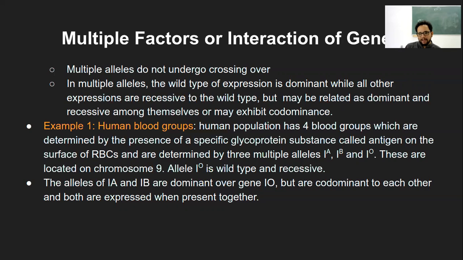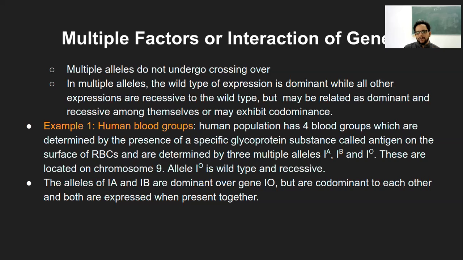So the human population has 4 blood groups, A, B, AB and O, which are determined by the specific presence of the glycoprotein substance called antigen, which we have denoted by A and B, not C. On the surface of RBCs they will express a particular antigen, and that's why they have isoagglutinin with A antigen, isoagglutinin with B antigen, or isoagglutinin with O antigen or no antigen, right?